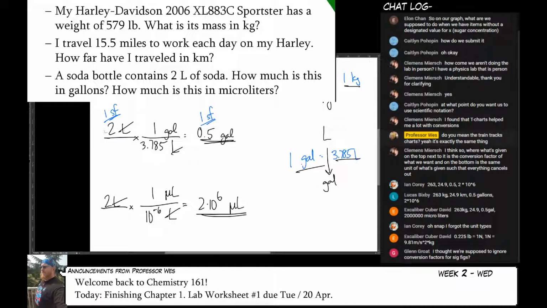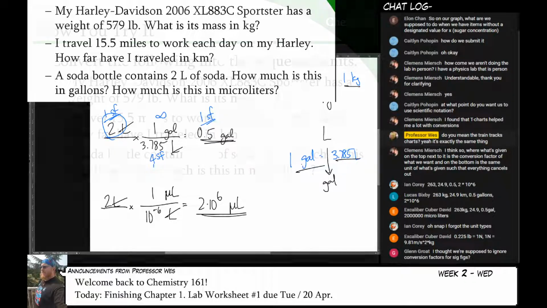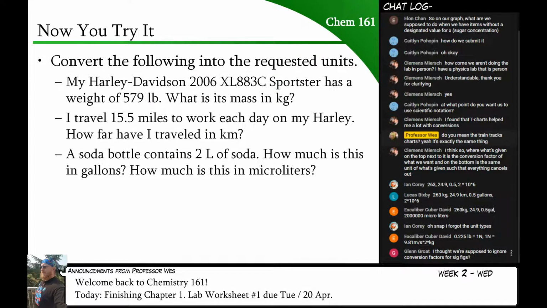But in this case, this 2 right here is the smallest. This is 4 Sig Figs, and then this is infinite. So in almost all cases, our conversion factors will not affect our result. But in the event that they do, you should consider them. It will be rare that a conversion factor will affect your Sig Figs.